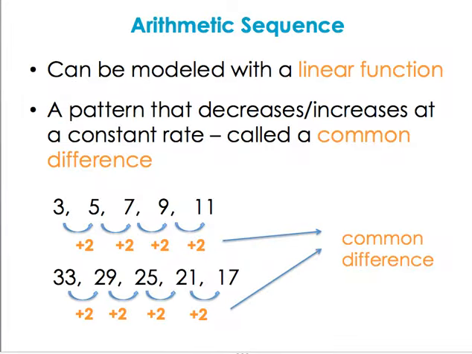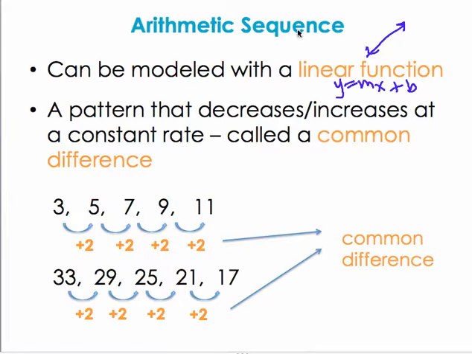An arithmetic sequence can be modeled by a linear function, and if we remember, a linear function is a function that when we graph it, it makes a line, and it is of the form y equals mx plus b, if we recall, or f of x equals mx plus b.